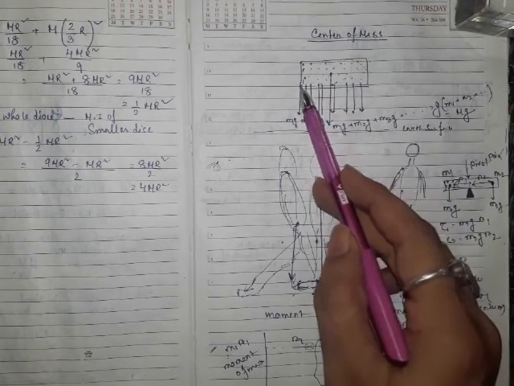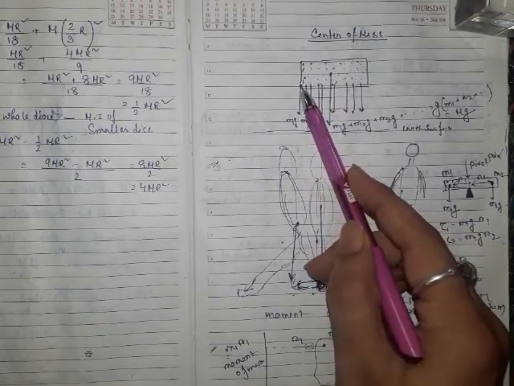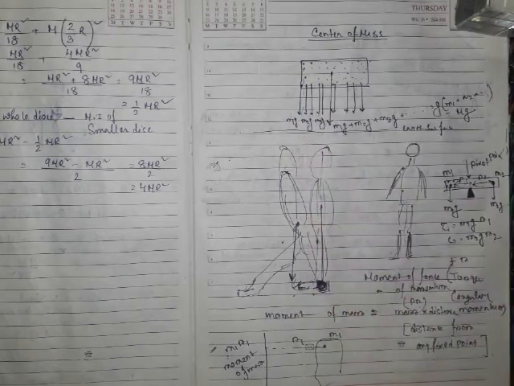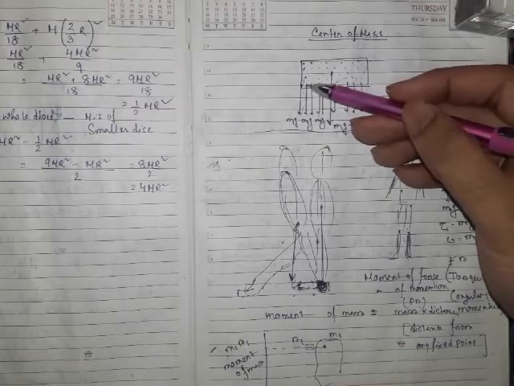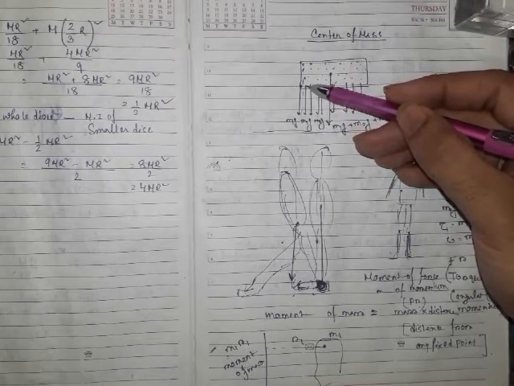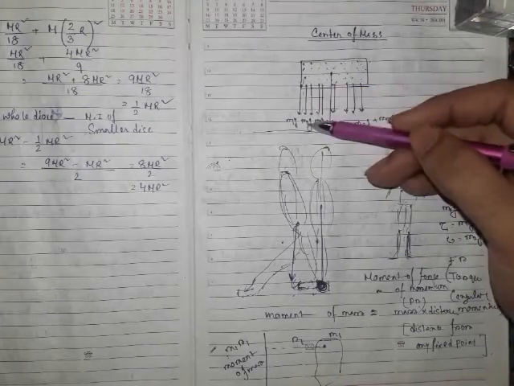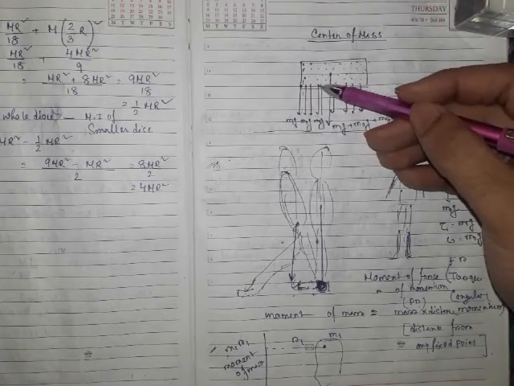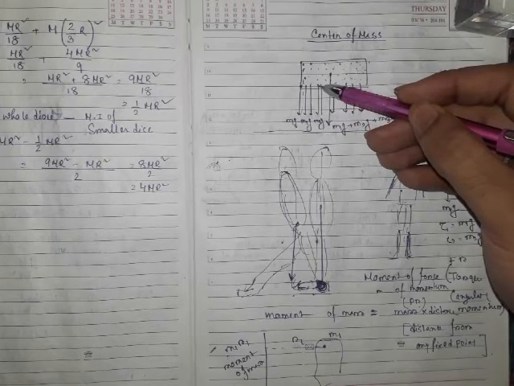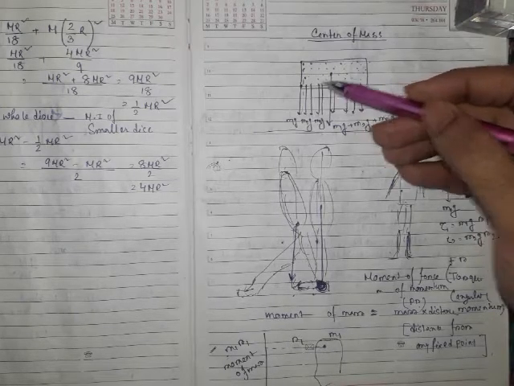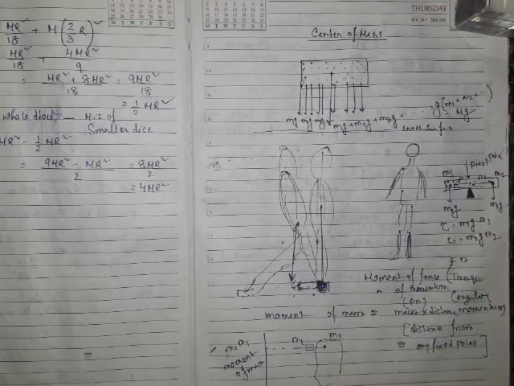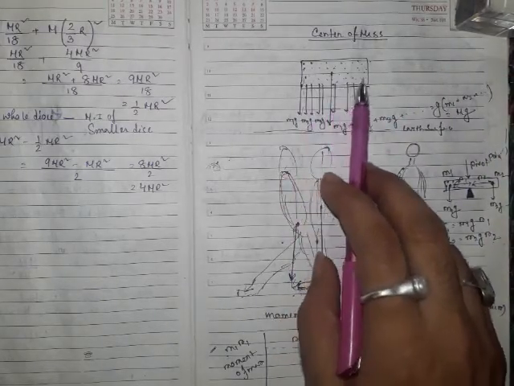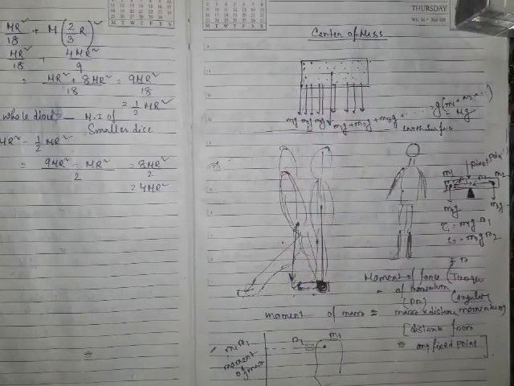The force on the first point mass due to earth is m1g, that is its weight; on the second it is m2g; and on the third it is m3g. Like that we can find the force due to gravity on each and every point mass.